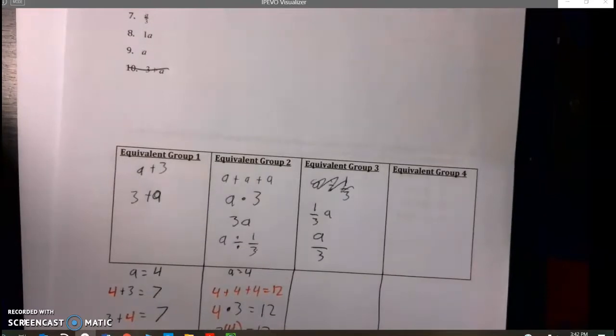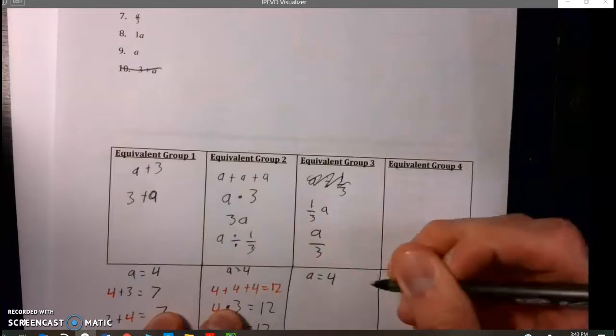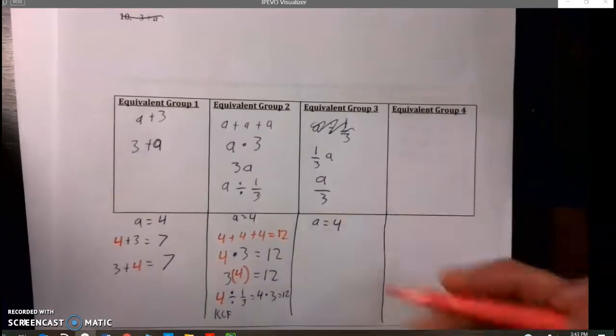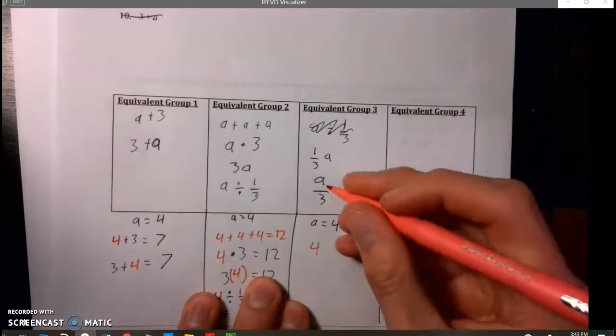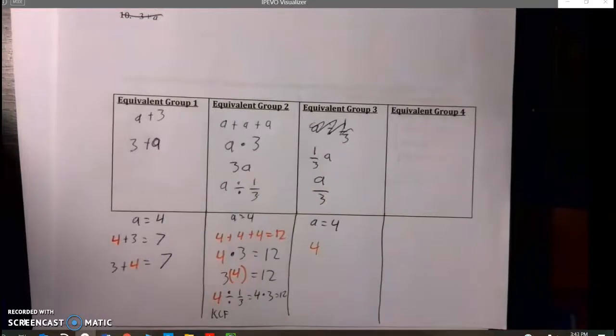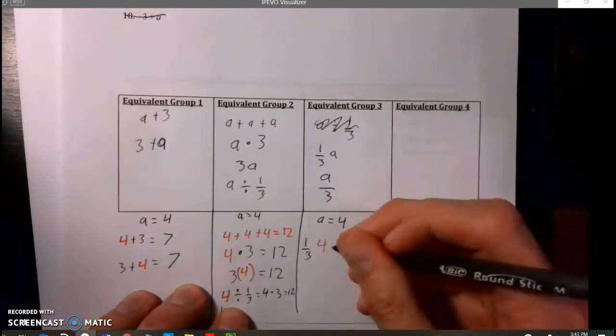So I'm not gonna make a in this situation 4. Well, you know what? Actually, I will. Why not? A equals 4. And so, if I plug in or substitute a for 4 and do 1/3 times a, or 1/3 times 4.